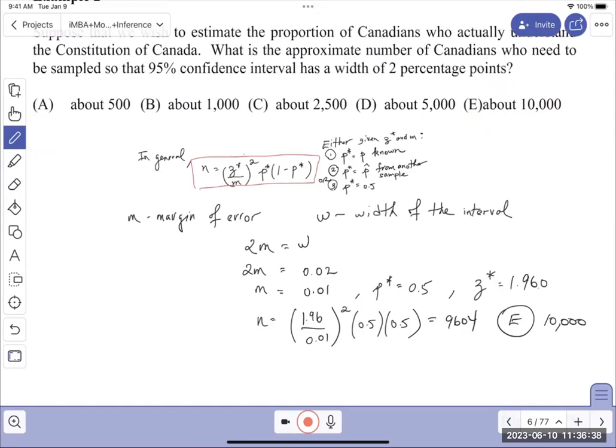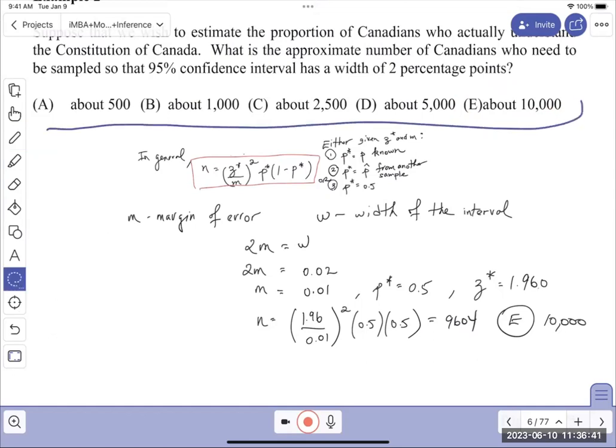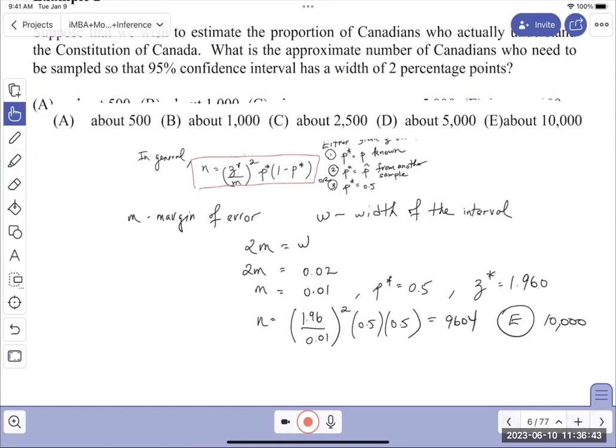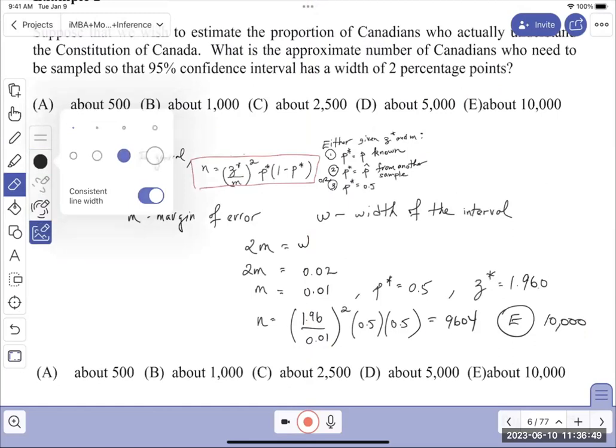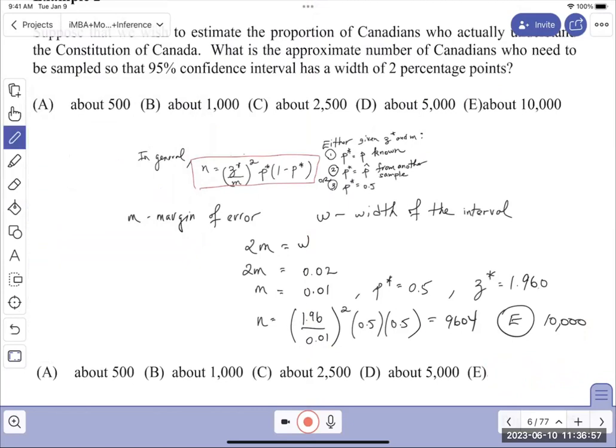What if the options were instead like, which one should you pick?